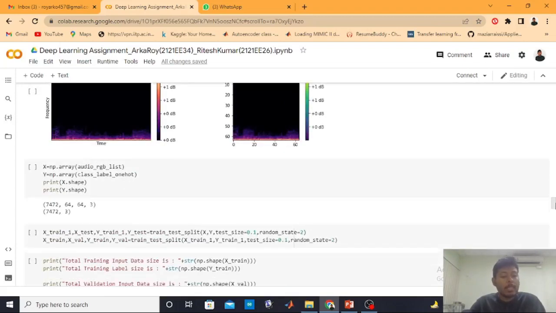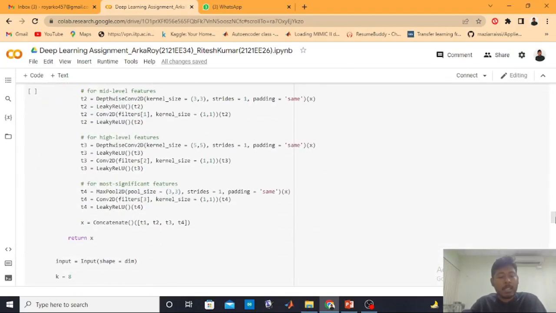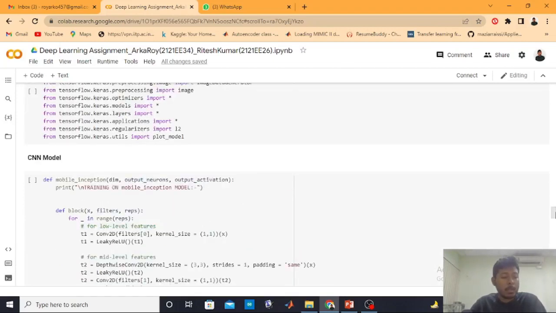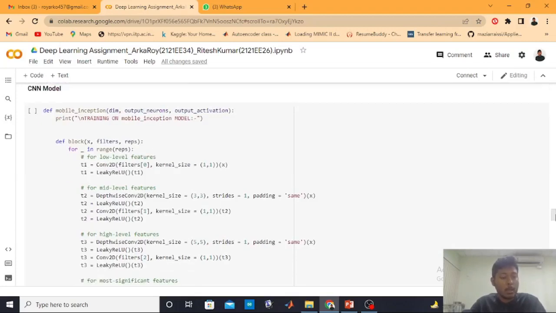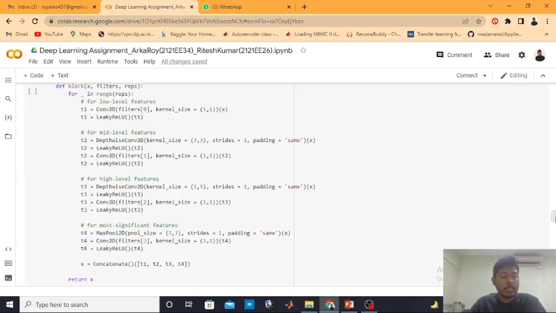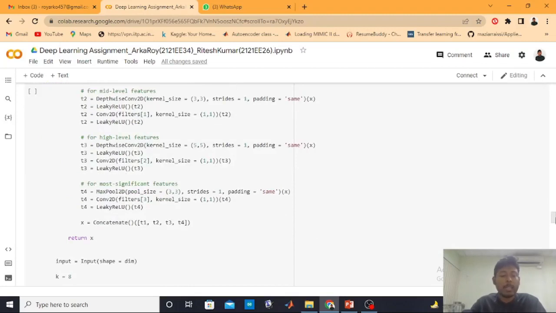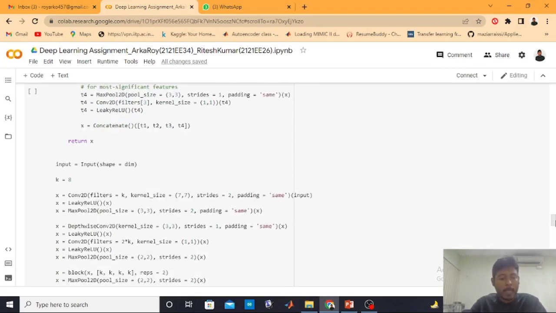Then we partitioned the whole database into training, testing and validation. Then this is the CNN model. As we told, this is a mobile inception block which contains the low level feature extractor, mid level, and high level and most significant feature extractor, and then we concatenate all the features that we have extracted using depth-wise, point-wise, normal 1D convolution, normal 2D, 1 by 1 convolution, and max pool followed by 1 by 1 convolution.